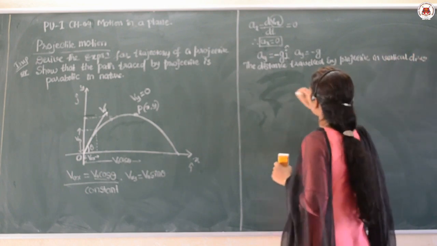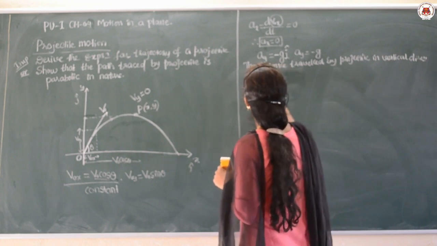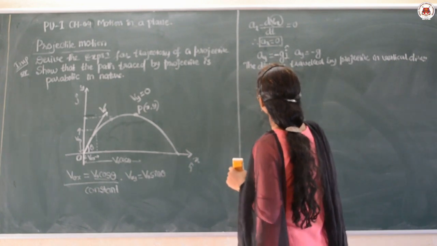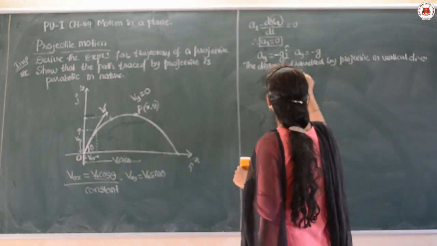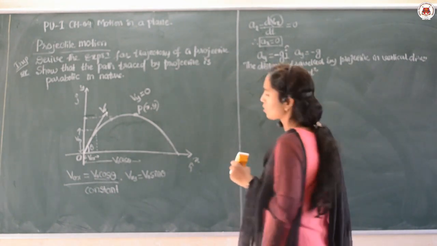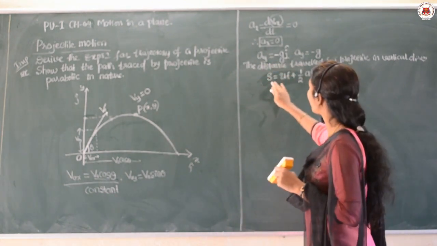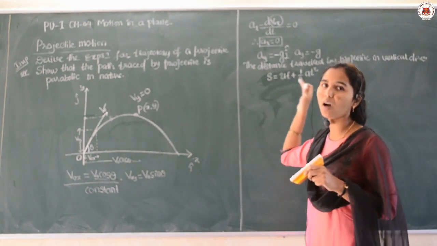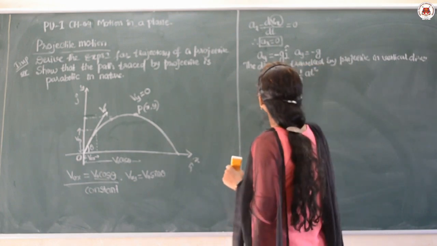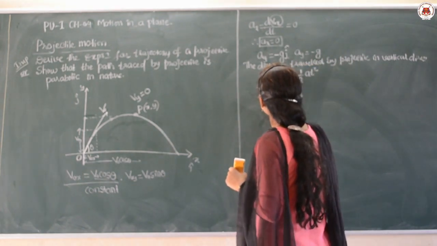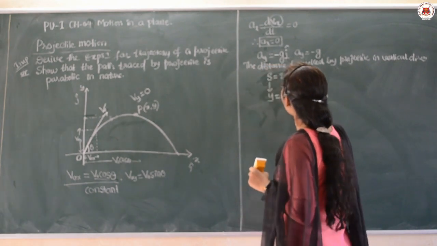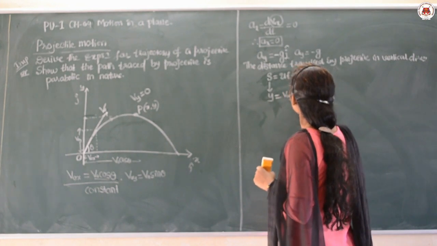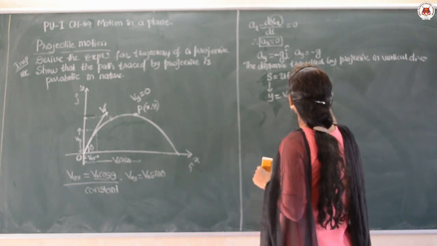direction can be taken as y is equal to, we use the formula, that is S is equal to ut plus half at square. Do you know this formula? Yes. So, this we can apply now for the vertical motion as well as the horizontal motion. Therefore, in place of S, now I write vertical, that is y, and here it is v naught y, then time t as it is plus half ay t square.